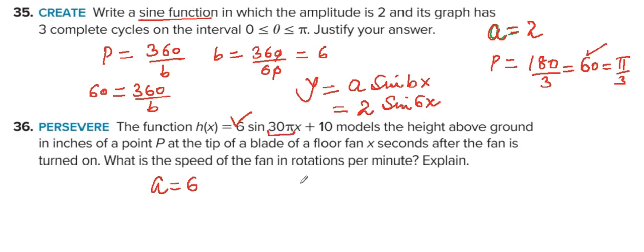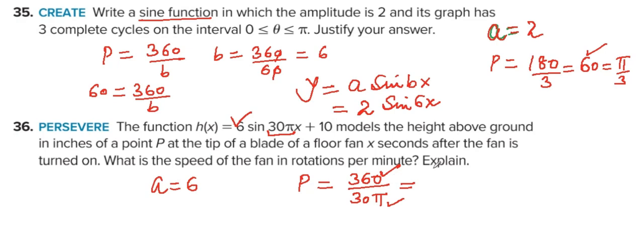So let me find out the period. Period is equal to 360 over b, and b is 30 pi. This is in degrees and this is in radians, so you can change one into the other. Better to change 360 into radians, or keep degrees; that is your choice how you are going to do this.